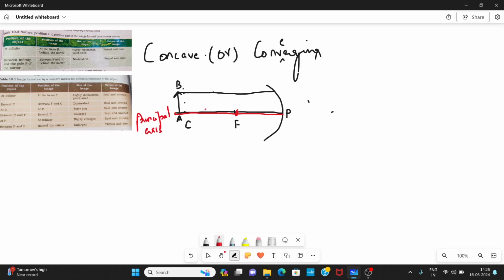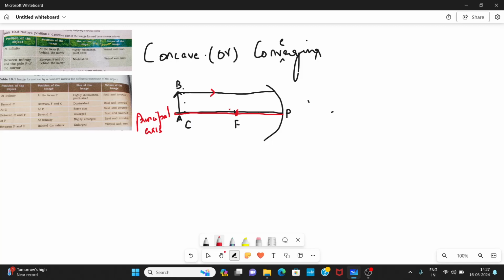N number of rays will be hitting from the object onto your mirror. First I'm considering an incident light which is parallel to your principal axis. Parallel means it will not intersect your principal axis at any point.